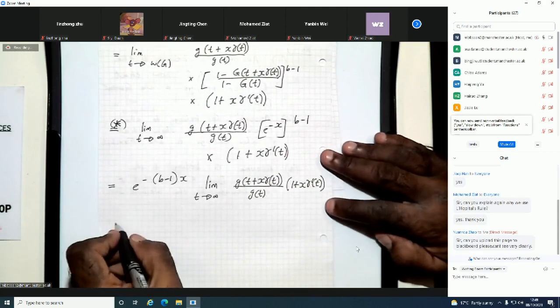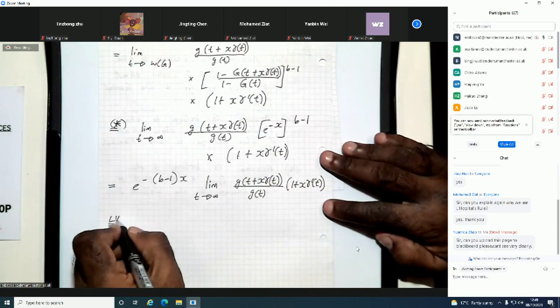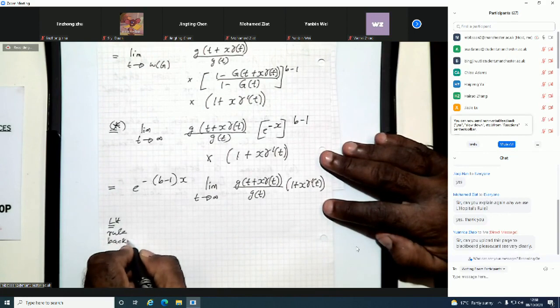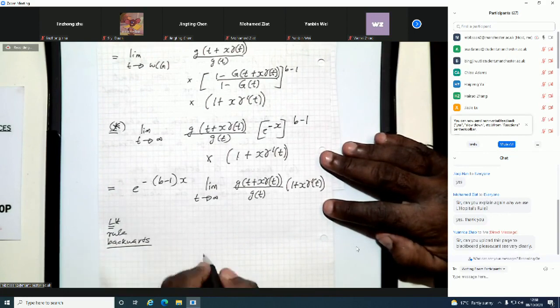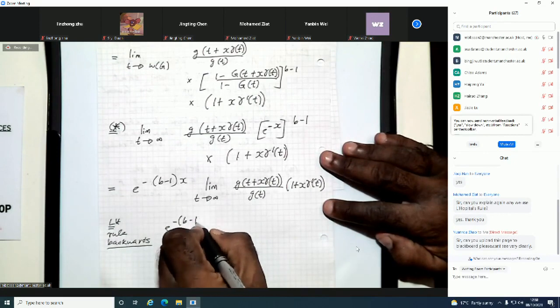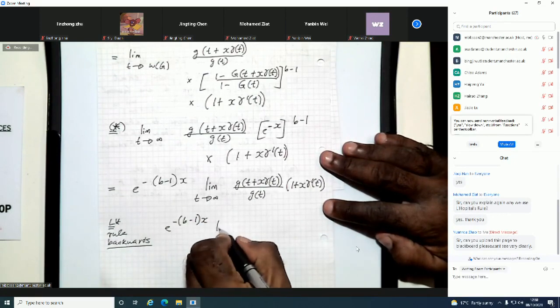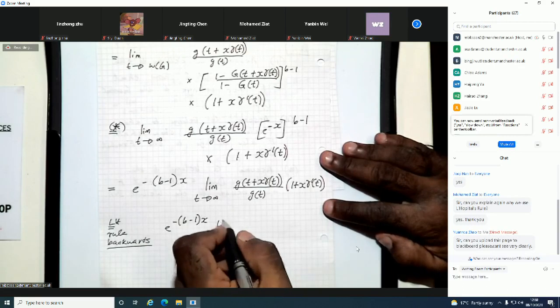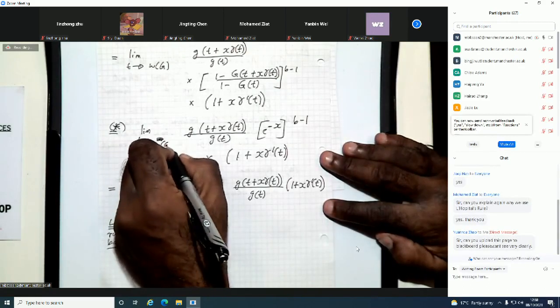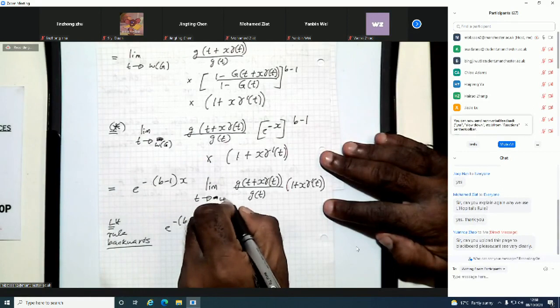Now I'm going to use L'Hopital's rule one more time, but backwards. If you use L'Hopital's rule backwards, this is what you will get. By the way, this should not say infinity; this should be W of g.